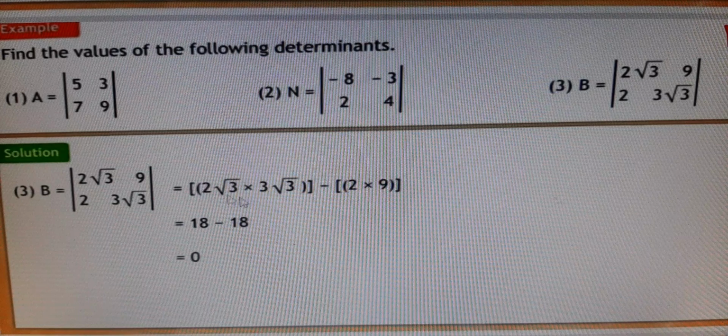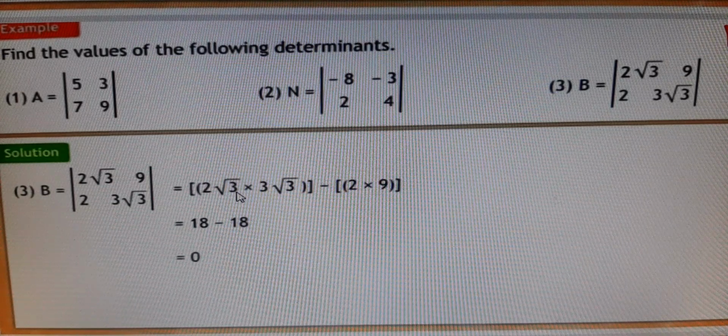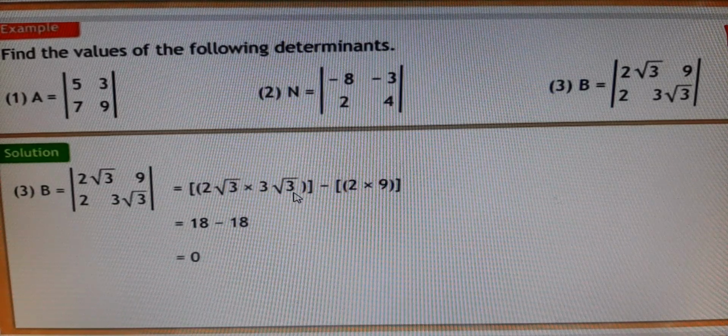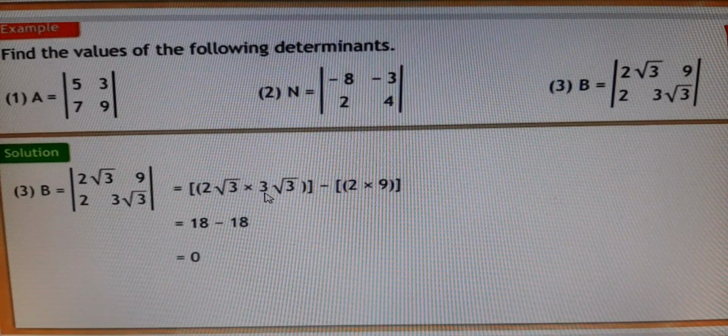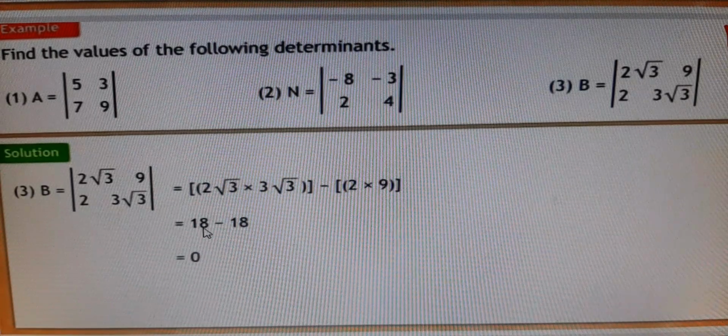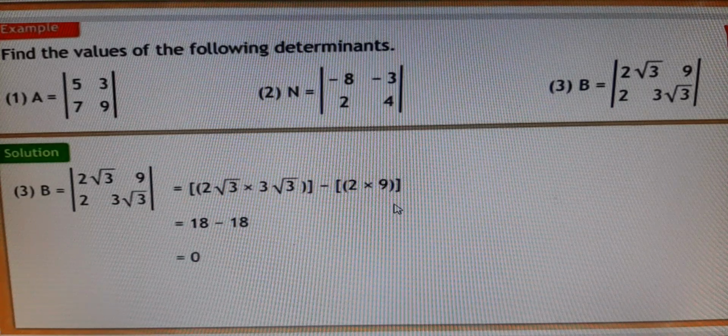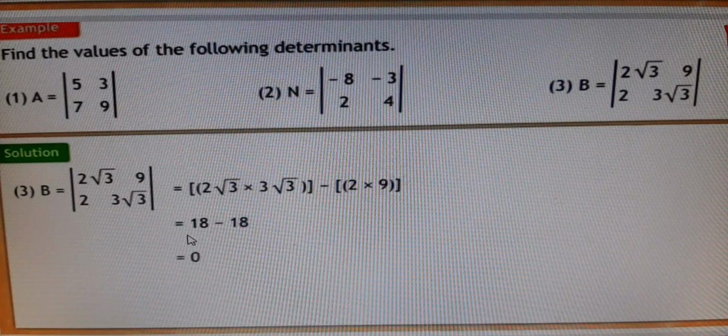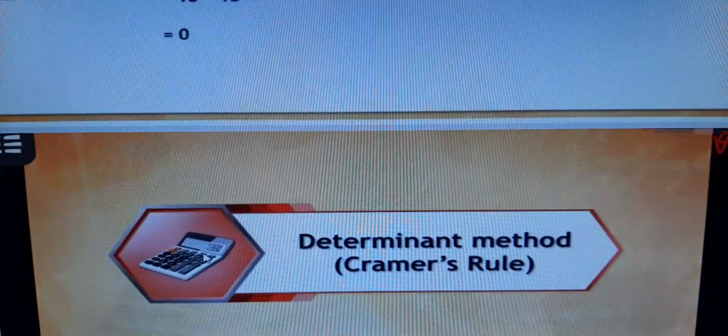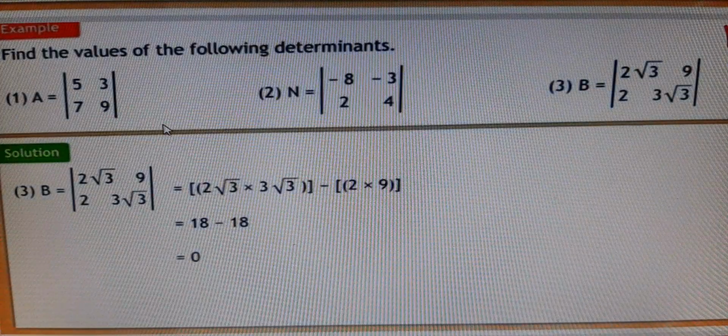So 6 multiplied by 3 comes to 18. This is the minus sign here, and 2 into 9 is also 18. 18 minus 18 is equal to 0.